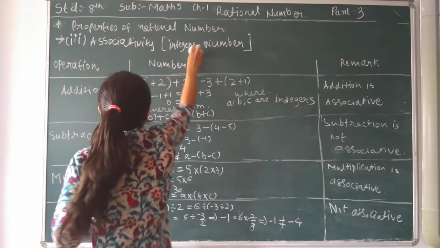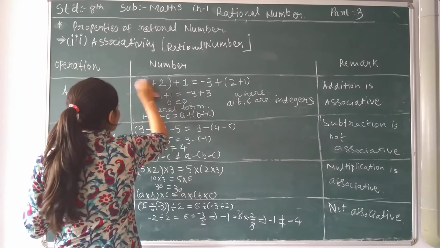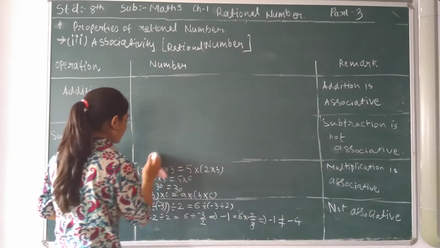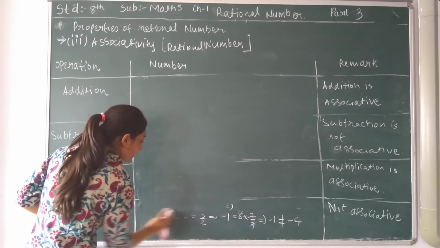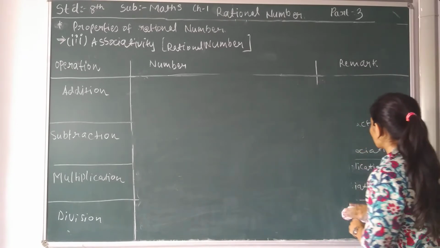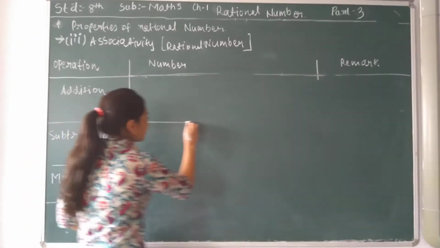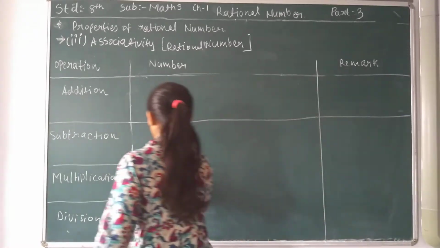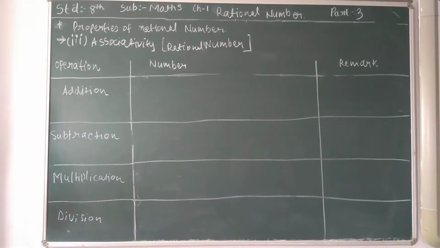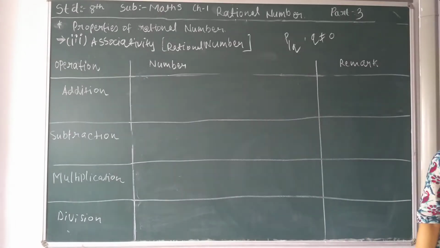Now for the rational numbers. Associativity for the rational numbers means numbers in p by q form where q is not equal to 0.